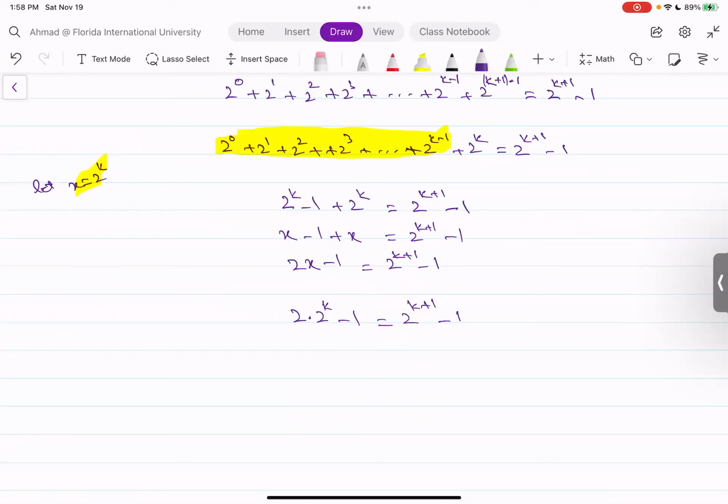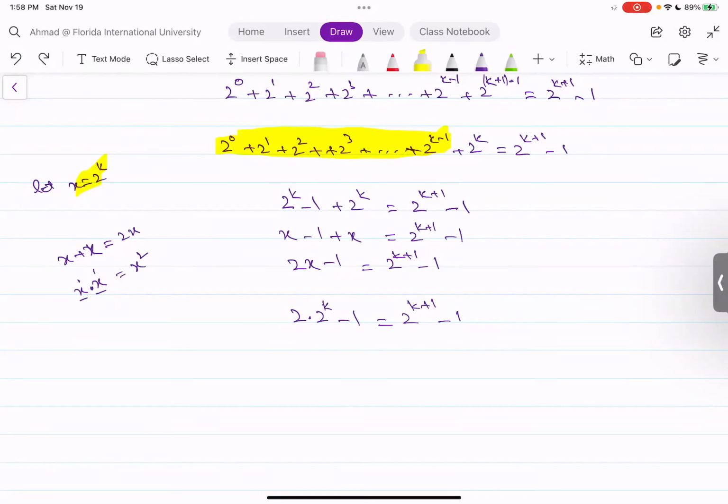Now one more thing here. If you have x plus x, this is going to be 2x. But if you have x times x, it is going to be x square. Why? Because when you multiply two numbers that have the same base and different exponents, those exponents are added up. The same case is true here. We have the same base, which is 2, but different exponents.